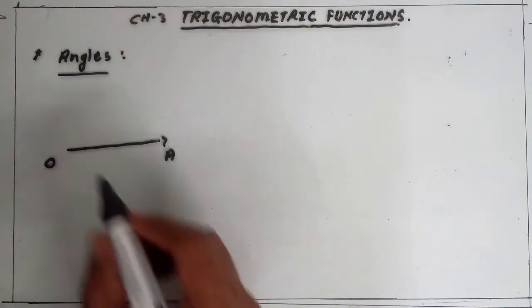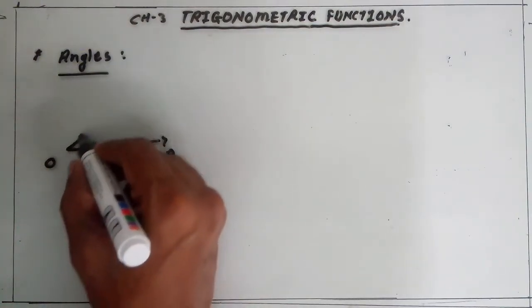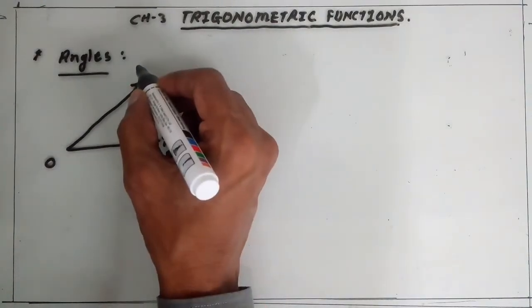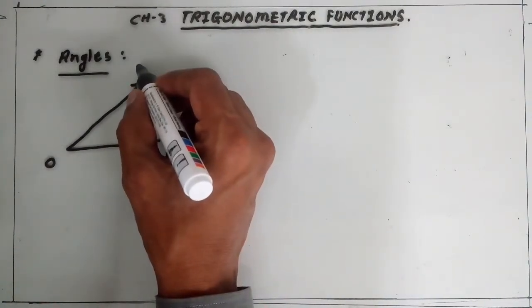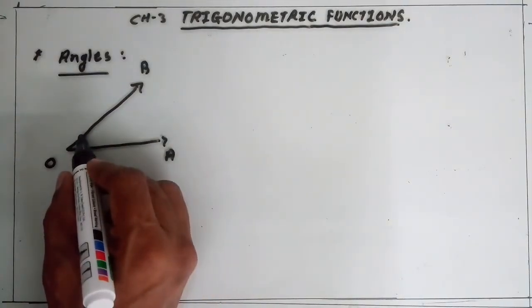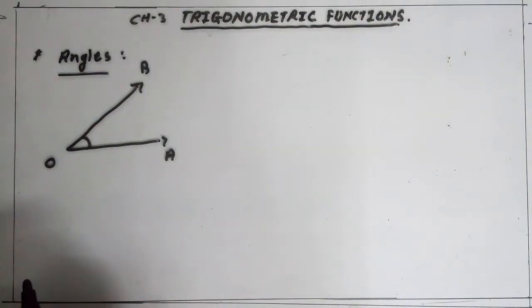After rotation, if we get a final position of this rotating ray, OB, then this measure of rotation is called the angle.